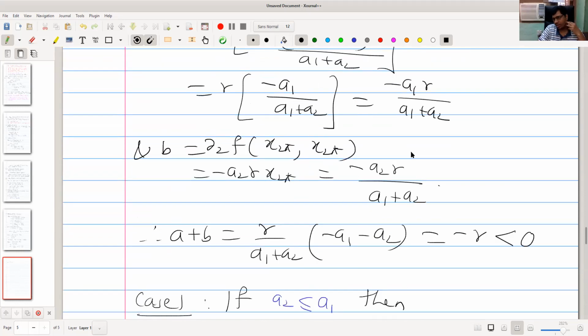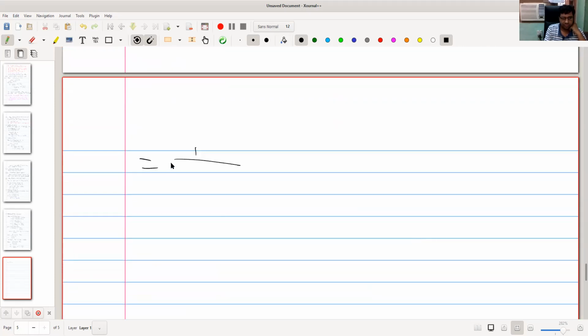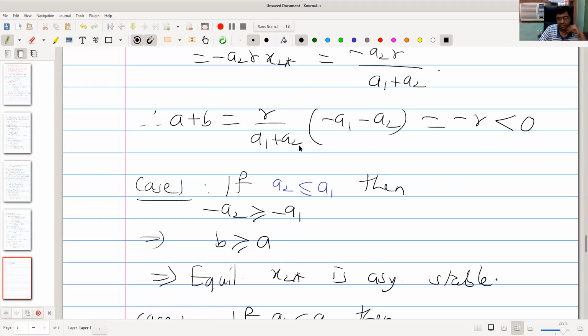If we see, there are common terms in a and b. So we can take this r upon a1 plus a2 outside. R upon a1 plus a2, it is squared and then there is a square root also. Inside the bracket we have a2 square minus a1 square, that is b square minus a square.